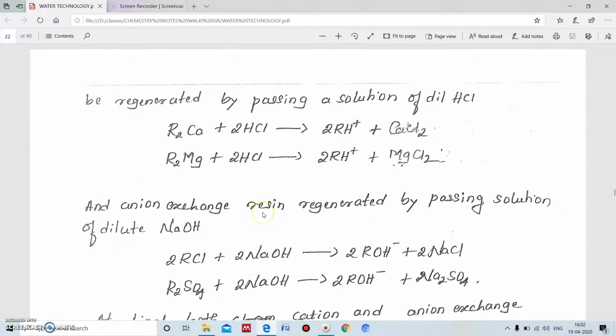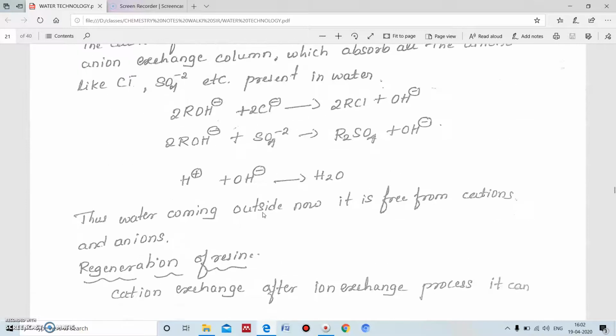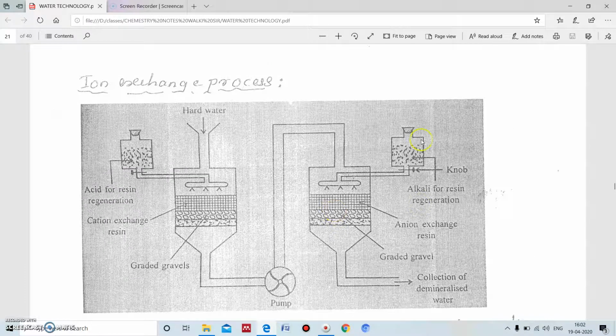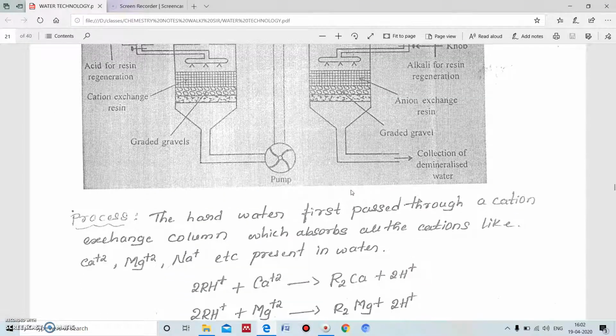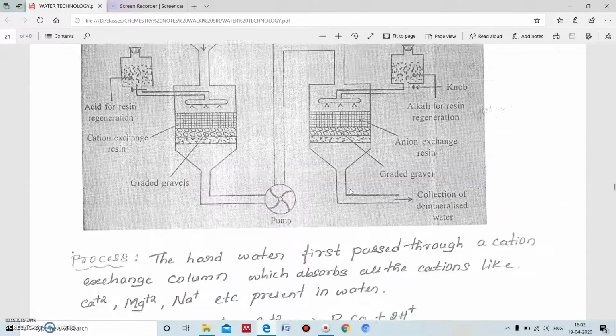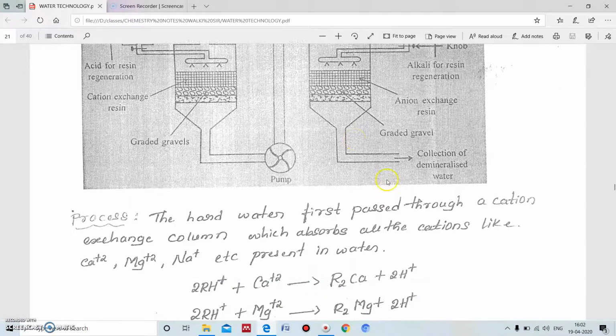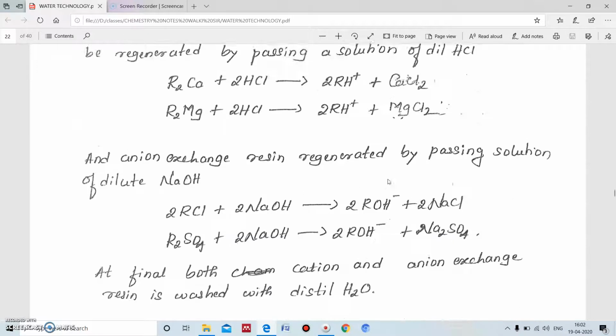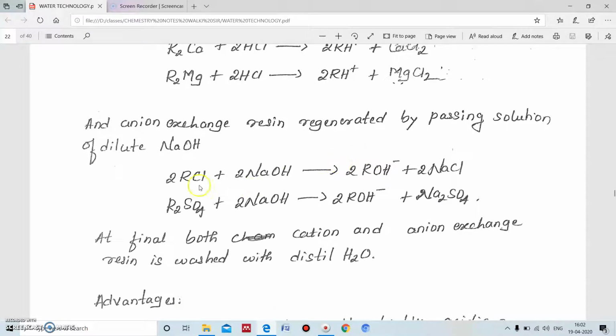Next, the anion exchange resin is regenerated by using a base, by passing alkali over the anion exchange resin. It can be done by the following reaction. Here the anion exchange resin has already exchanged the negative ions, that is anions, from the water.